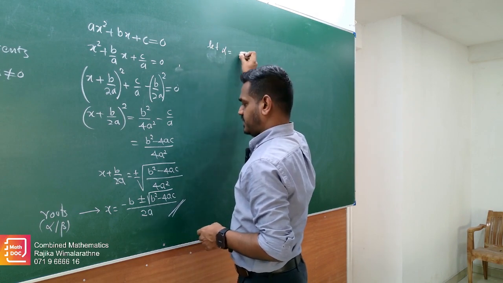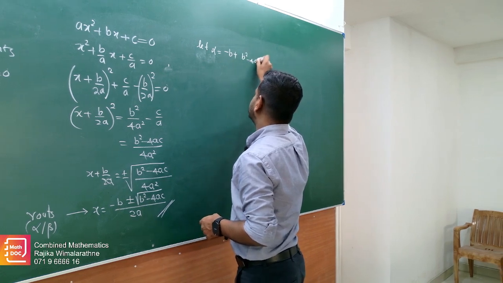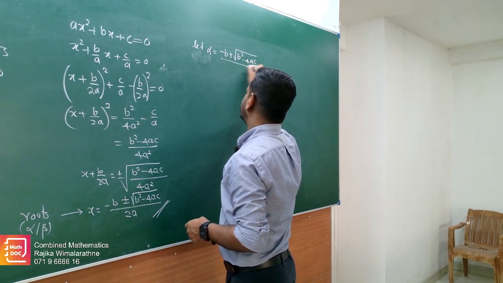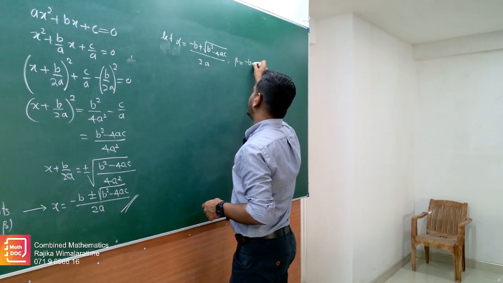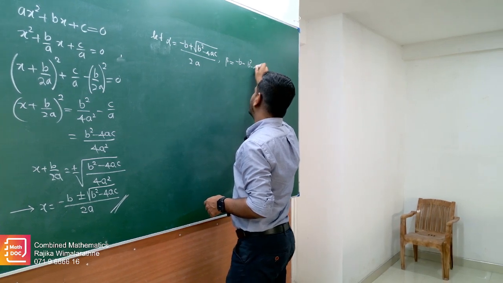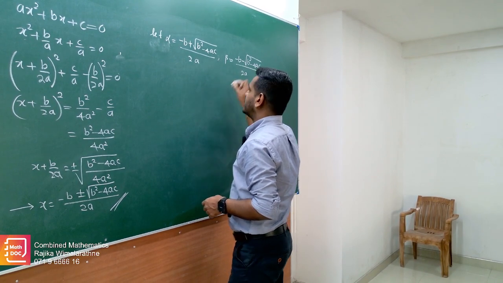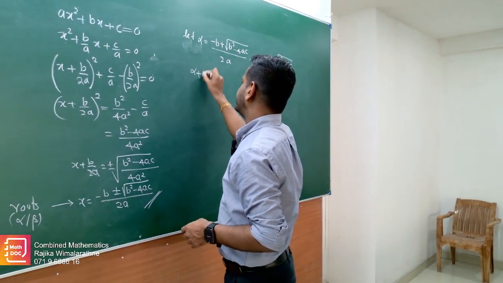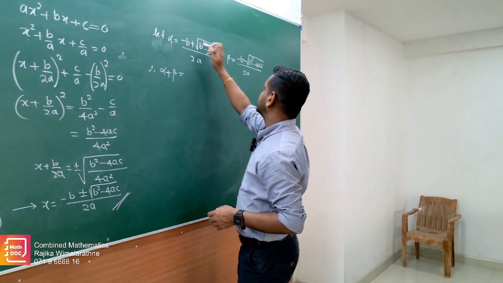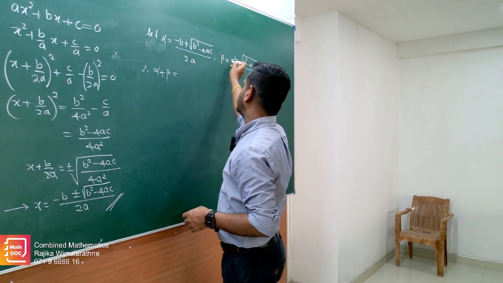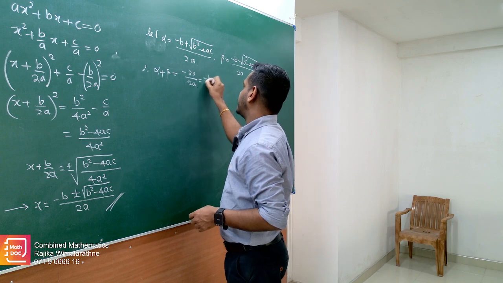Take one value alpha equal to minus b plus the square root of b squared minus 4ac divided by 2a, and beta equal to minus b minus the square root of b squared minus 4ac divided by 2a. Then alpha plus beta: you add these two, the second terms cancel, then minus 2b divided by 2a, which is minus b divided by a.